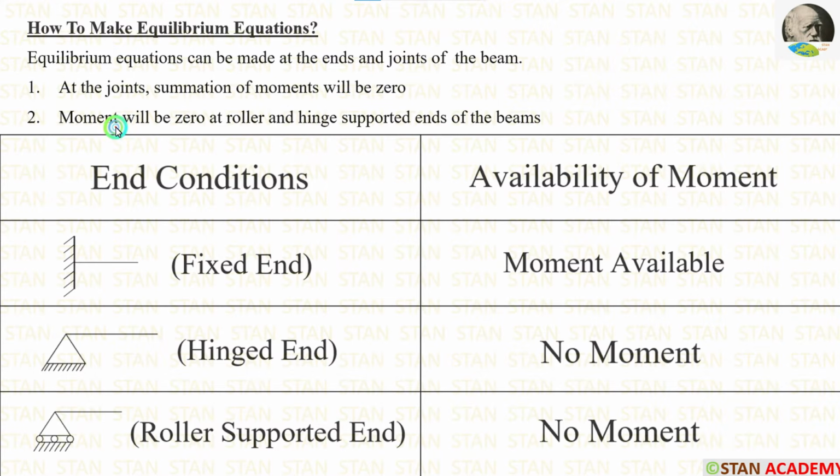Then we can make equilibrium equations in the ends of the beams. In the fixed end there will be a moment, so we cannot make an equilibrium equation. In the hinged end there will be no moment, so we can make an equilibrium equation. In the roller supported end also, there will be no moment, so we can make an equilibrium equation.